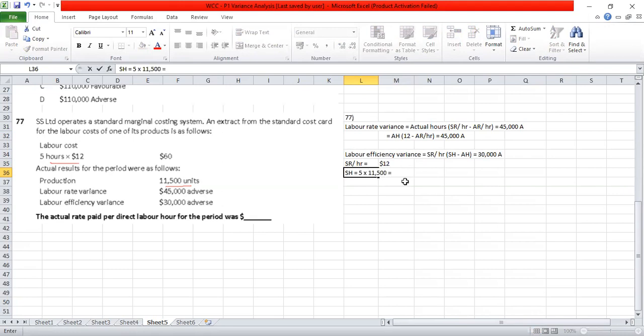So how much would that be? Labor efficiency variance is equal to 12 into 57,500 minus actual hours, and that is equal to 45,000 adverse.